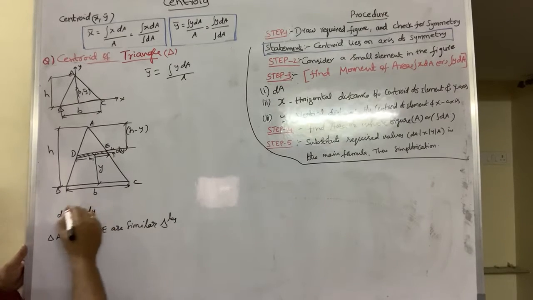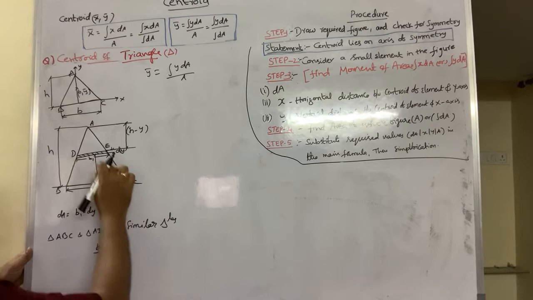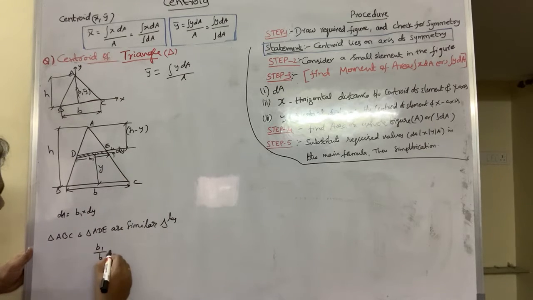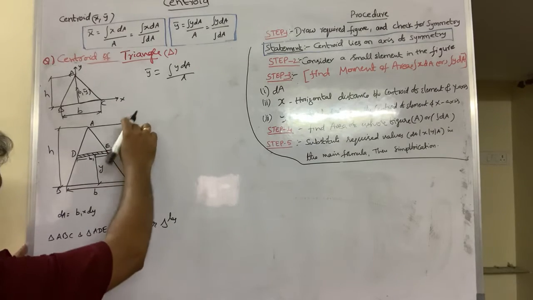So the ratio of bases, B1 by B, can be equated to the ratio of heights.